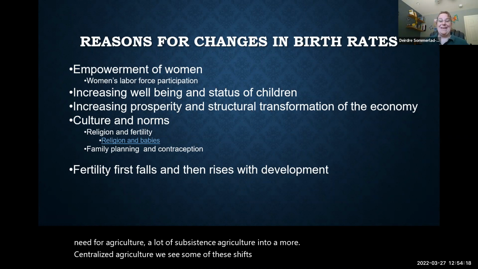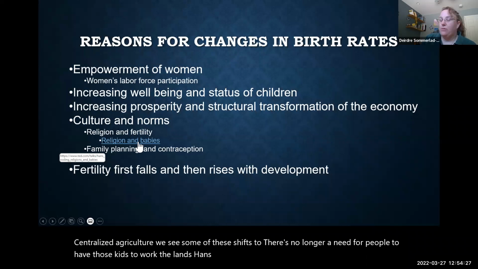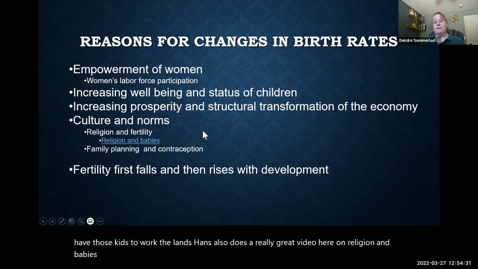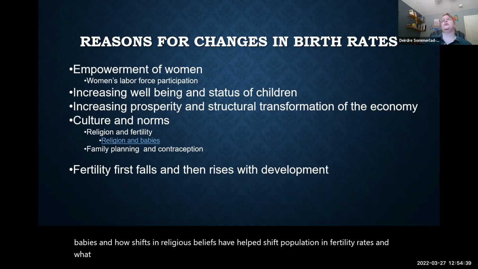There's no longer a need for people to have kids to work the lands. Hans also does a really great video here on religion and babies and how shifts in religious beliefs have helped shift population and fertility rates, and what that means long-term in terms of where the babies are being born.